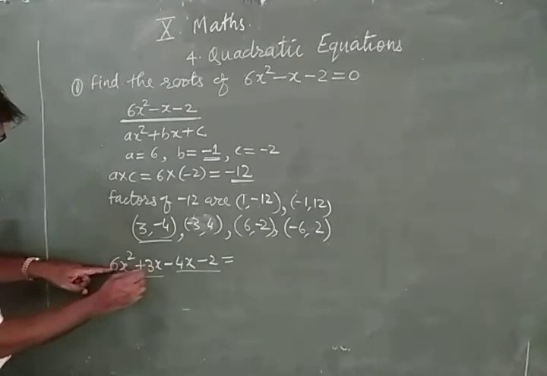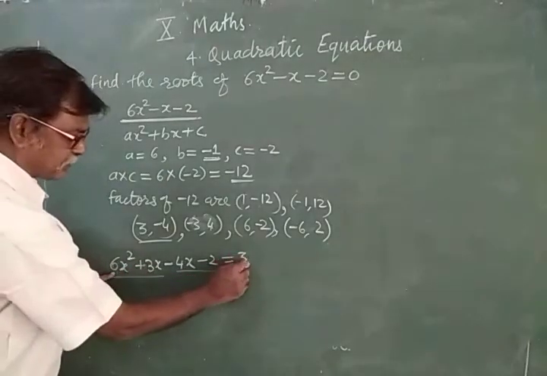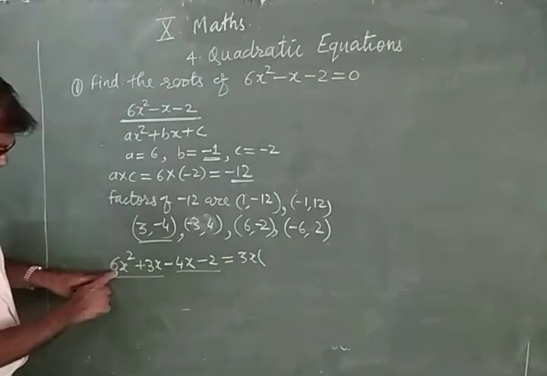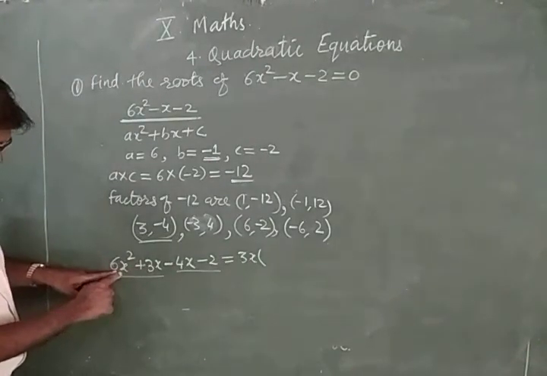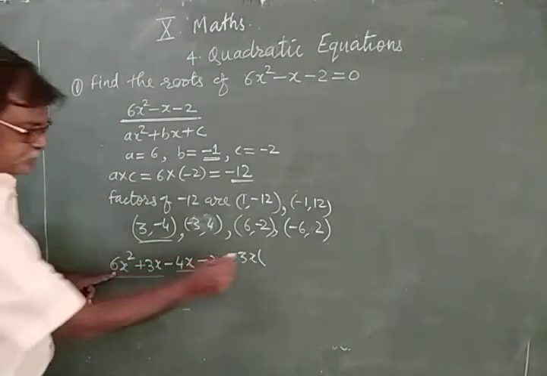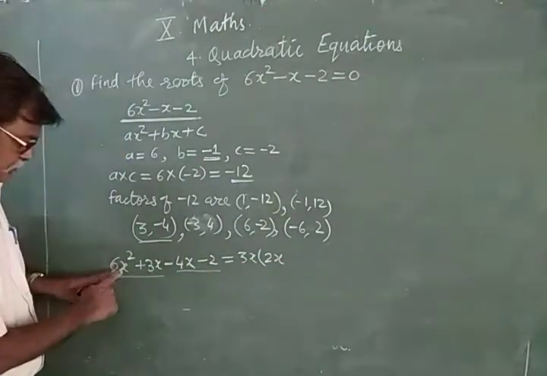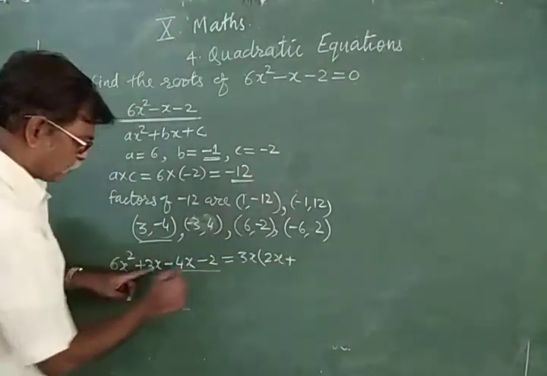From the first pair we can take 3x common, in bracket 3x from both. So here we get 2x plus 1, since 3x is common.